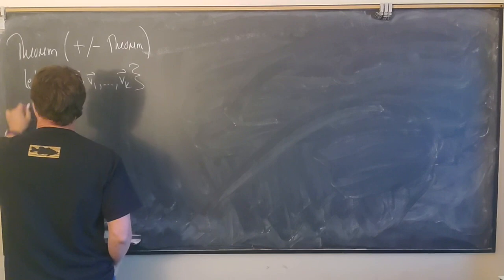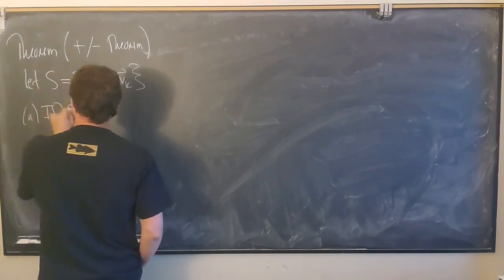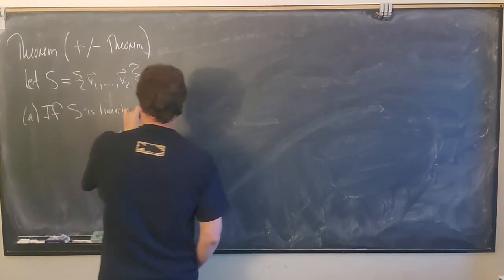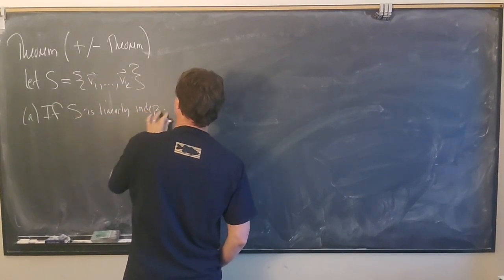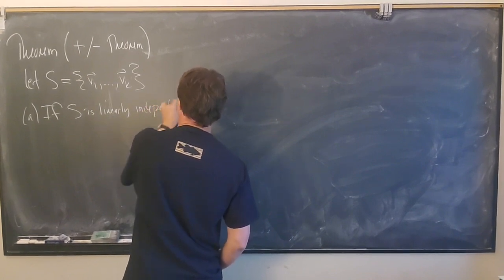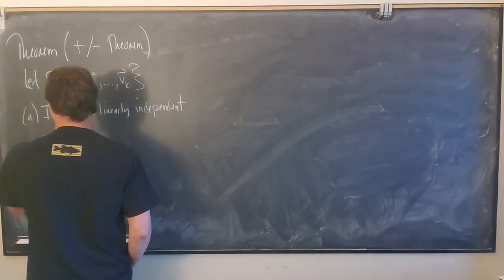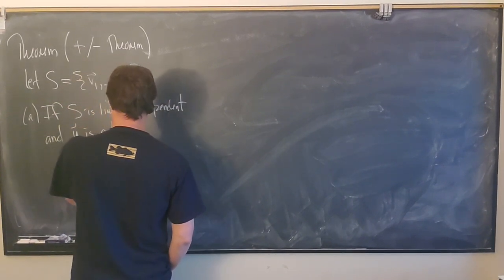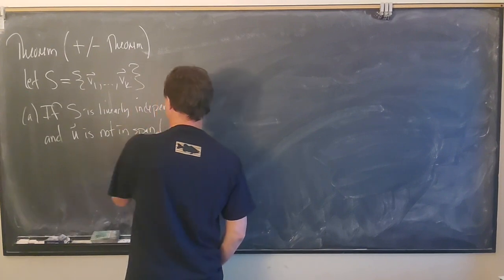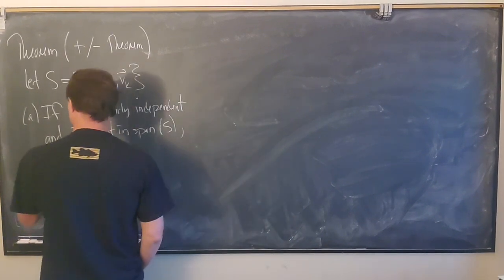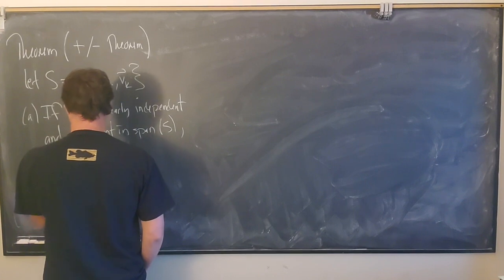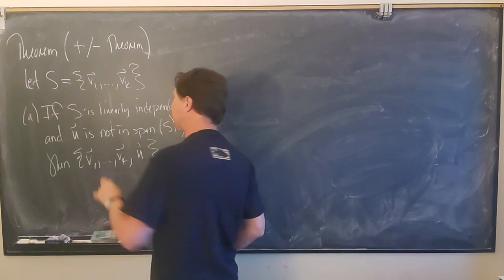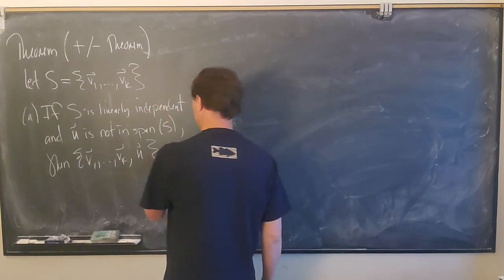Now, part A, if S is linearly independent, and U is not in the span of S, then the set consisting of V1 up through V sub k plus U, this is the plus part, is linearly independent.